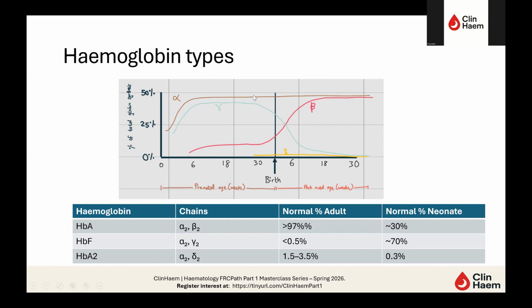So you can think of it like, okay, 20% of the alpha chains will bind with beta chains to form hemoglobin, which would be 20% HbA type, but the rest of the 80% of alpha chain will bind with the gamma chains to make the remaining, which is around 80% of the hemoglobin.